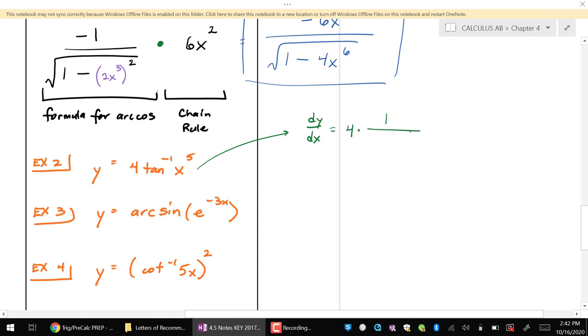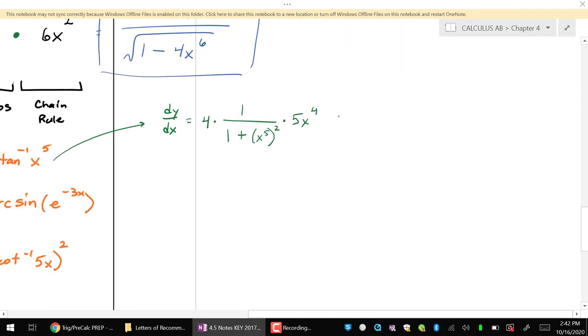So 1 over 1 plus argument squared times the derivative of the inside argument, which is 5x to the 4th. Put it all together, and it looks like we'll have a 20x to the 4th over 1 plus x to the 10th.